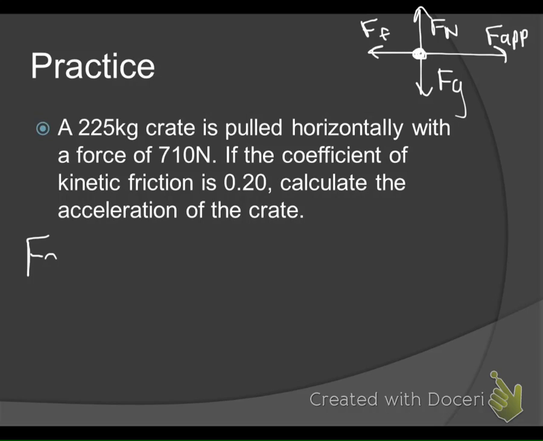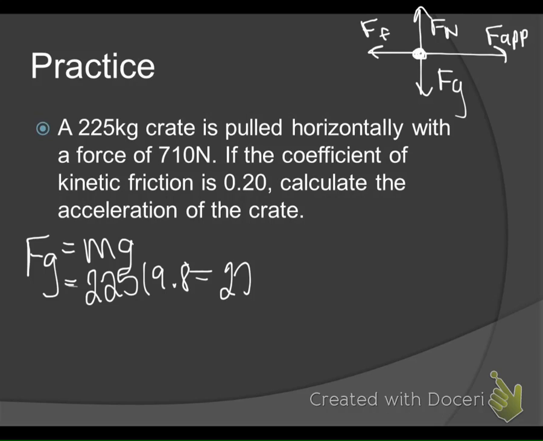We want to find force of gravity because we know force of gravity equals the normal force. So force of gravity equals mass times gravity, which then equals 225 times 9.8, 2205. So that equals F sub G.